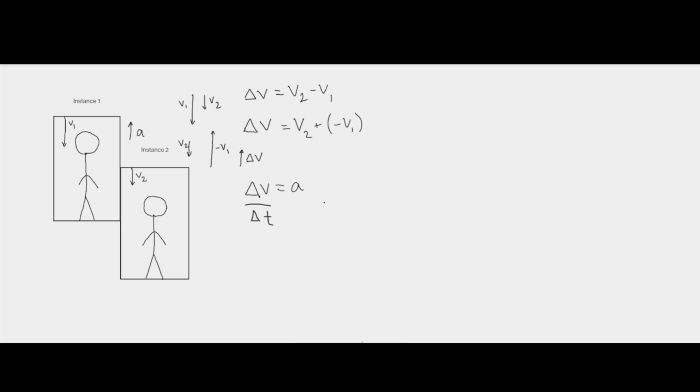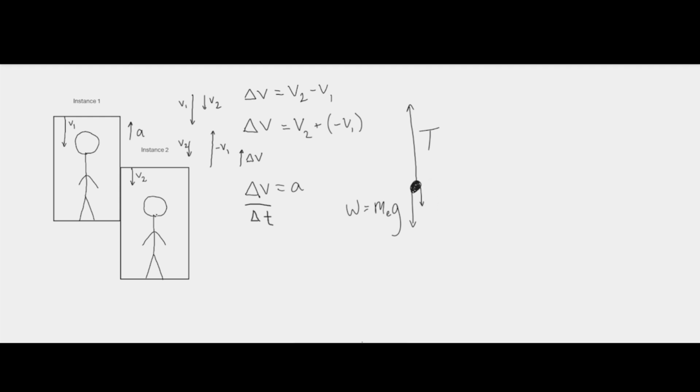So what would the free body diagram be for the elevator? I can represent the elevator as a dot, and you would have a tension force from the cables that are holding the elevator upward. So you have this tension force upward. You would have, of course, the mass of the elevator times gravity, which would be equal to the weight force pulling it downward. And then there would be another force that the elevator would feel.